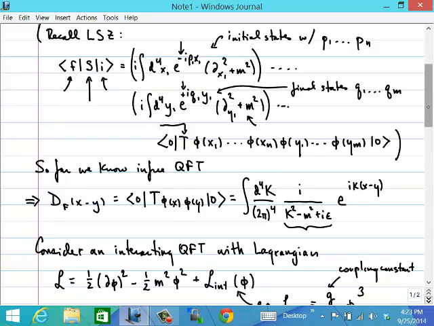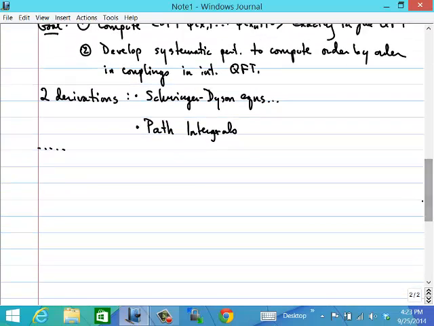Good. Okay, well, let's go ahead and get started. The starting point for this derivation of the Feynman rules are the fundamental commutation relations between fields in quantum field theory.